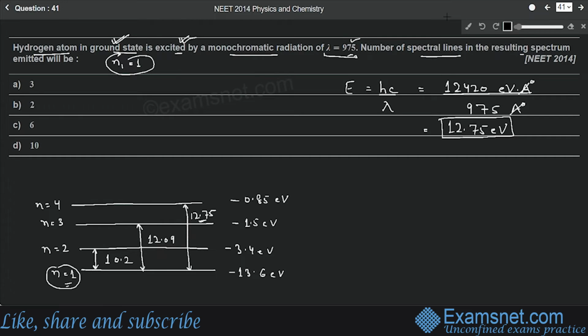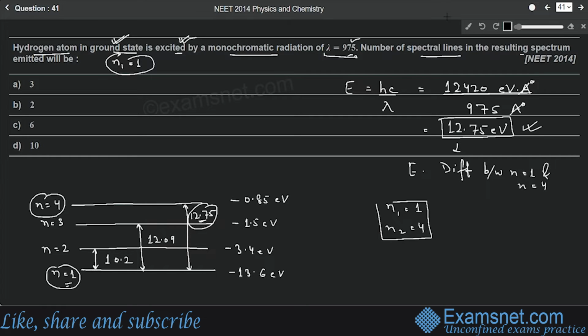From here we can see that this is the energy difference between n equals to 1 and n equals to 4, right? 12.75 electron volt. That means this hydrogen atom will move up to n equals to 4. So from here we can say that n1 equals to 1 and n2 is equal to 4.